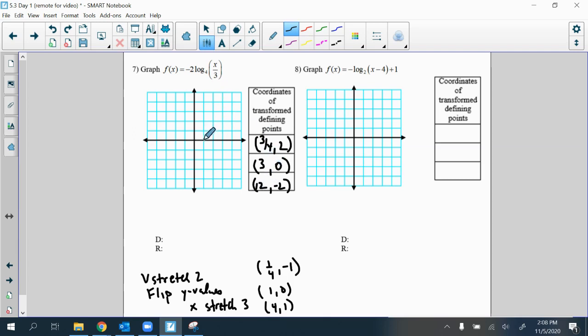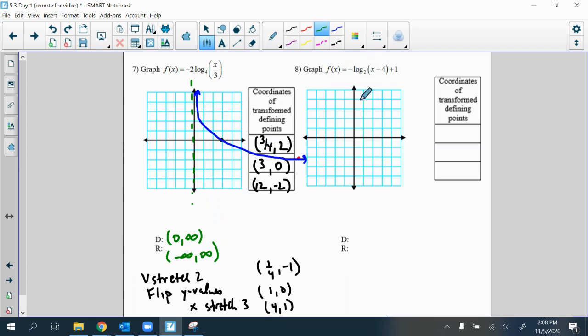So (3/4, 2), (3, 0), and (12, -2). That's going to be way over here. So I can graph this. I know that went way over, but the domain of this function is 0 to infinity, and the range of this function is -infinity to infinity.